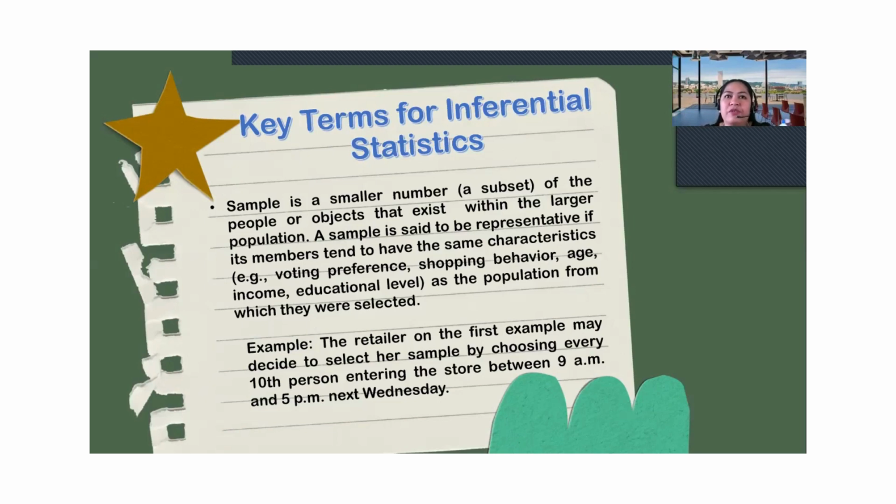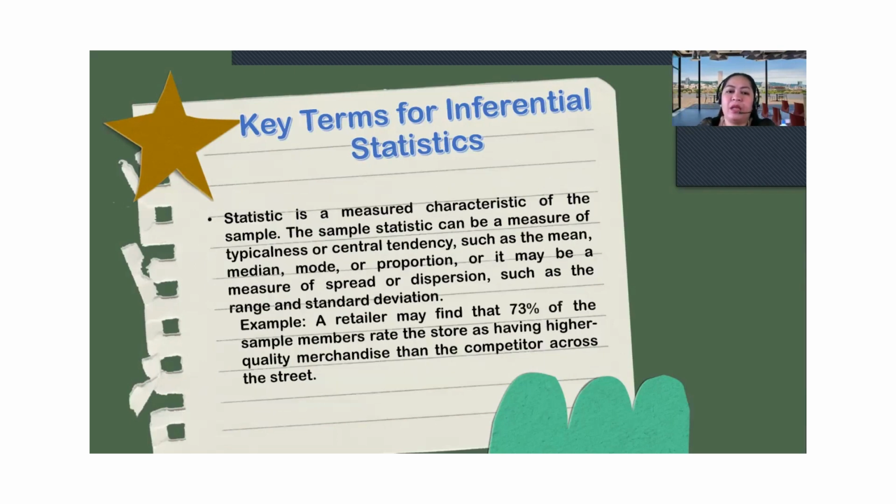So instead of getting all the customers every day, the retailer will just choose every 10th person entering the store. That would be the sample or the representative of that particular population.